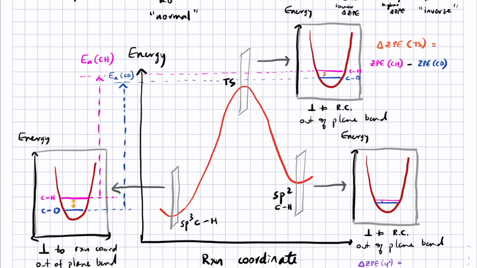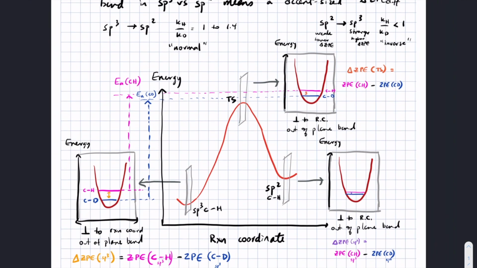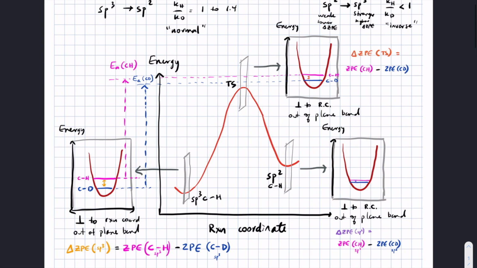The transition state is somewhere between those two extremes, but if there's substantial sp2 character on that carbon in the transition state, we can expect this zero-point energy difference in the transition state to be less than the zero-point energy difference in the starting materials. And that's just expressed here. So the zero-point energy difference for sp2 should be smaller than in the transition state, which should be smaller in the sp3 hybridized starting material.